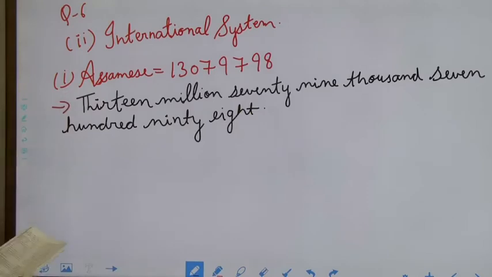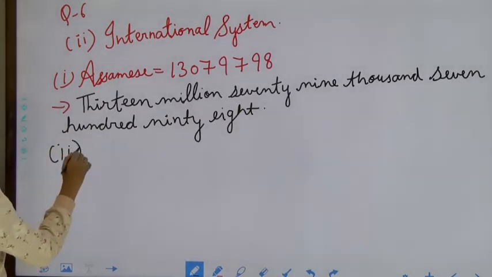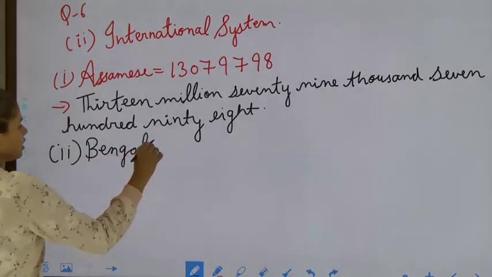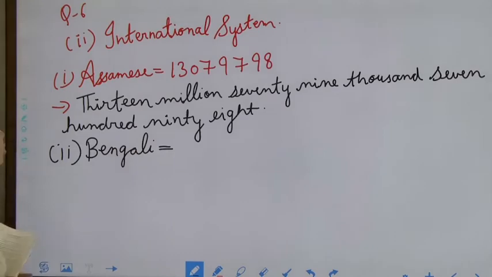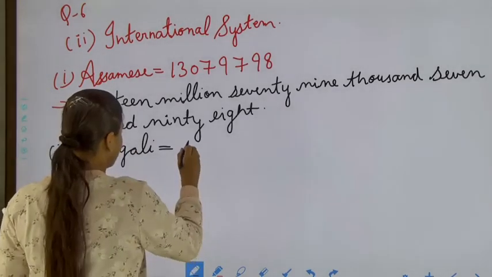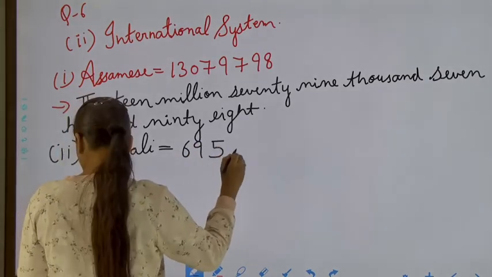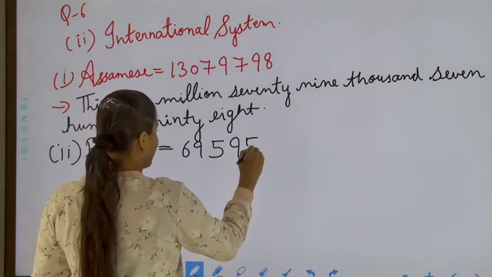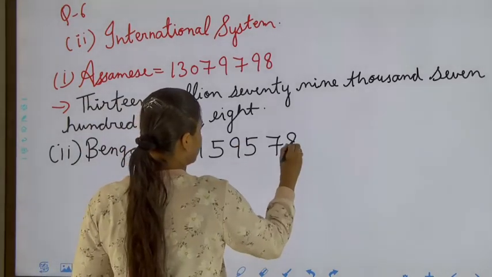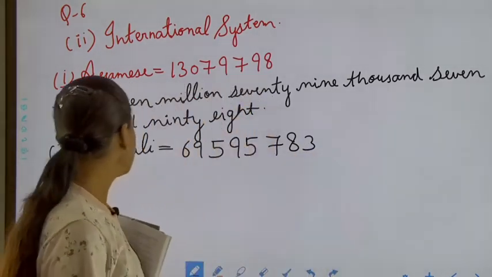Now move to the next one, that is Bengali. Second one is Bengali. Again, we have to write in the international system of numeration. 69,595,783. Again, we have to write in the international system.